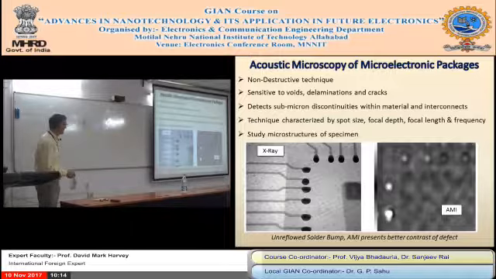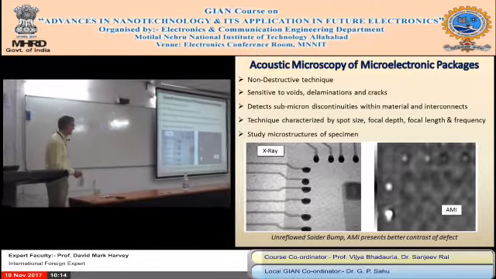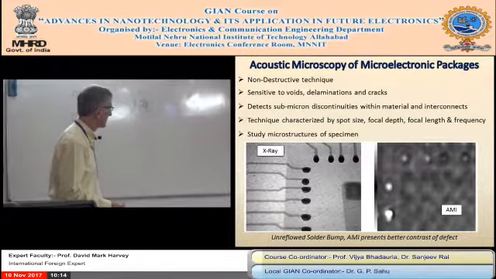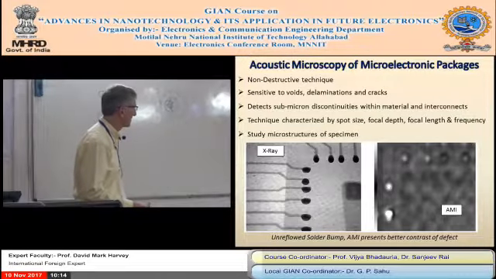So why do we use ultrasound or acoustic microscopy? Well, it's non-destructive, very sensitive to delamination and cracks, and it can detect sub-micron discontinuities very well. But you've got to set up various things which we'll look into as we go through. Very frequency dependent.